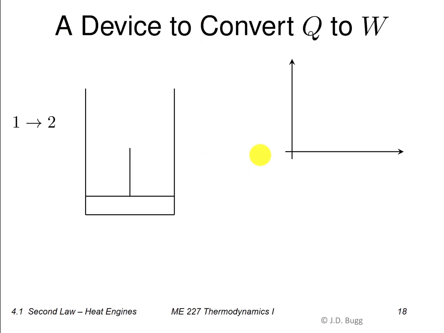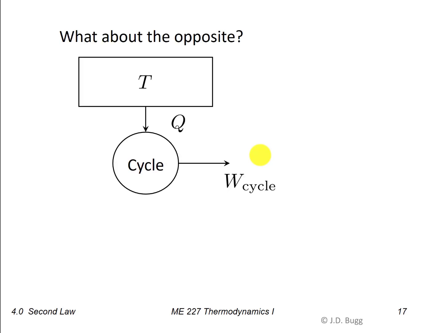Well, of course, there are a lot of machines that do that, and we're going to be talking about several of them as we go forward, but we want to know, is it possible to achieve this scenario? And notice this is operating in a cycle, so if this Q is 100 kilojoules, then this work has to be 100 kilojoules.